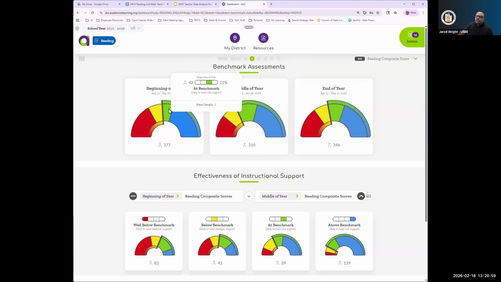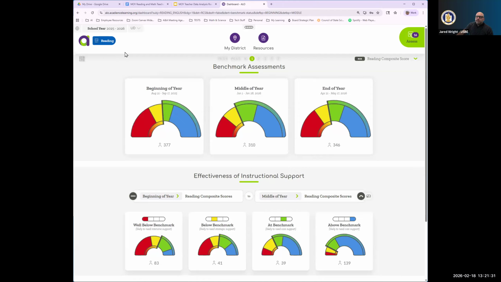As you hover over the colors, it tells you the number of students as well as the percentage of students that are falling in that performance level. So you can hover there to see the number and the percentage as you go through to work on that worksheet. And as Dallas put in the chat, there's also the A in the top left corner that you can use.